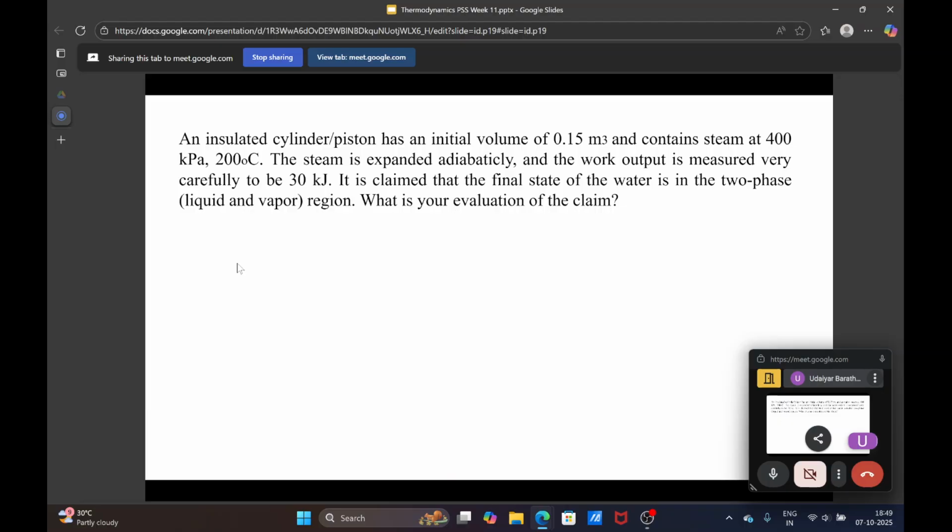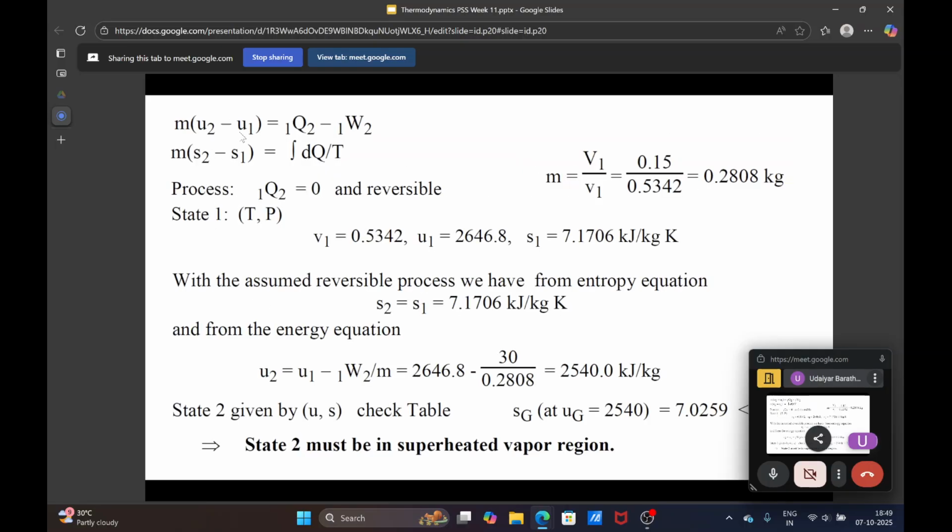So this is a closed system. Applying the first law to the closed system, the change in internal energy is Q minus W, and we know Q is 0 in this case. So whatever work is done goes into the change in the internal energy of the system, so m times (u2 minus u1).